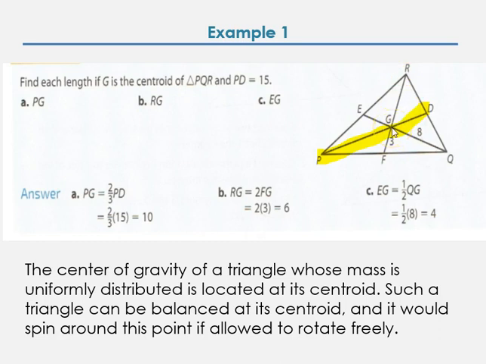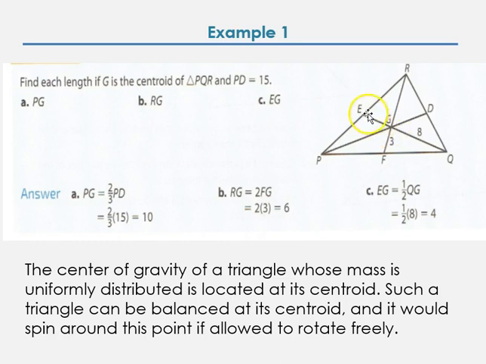RG will equal 2 times FG. This is just another way of saying 2/3 and 1/3. So we know that FG is 3, they've given us the distance. So RG will equal 2 times FG, which is 2 times 3 equals 6. Let's take a look at EG.